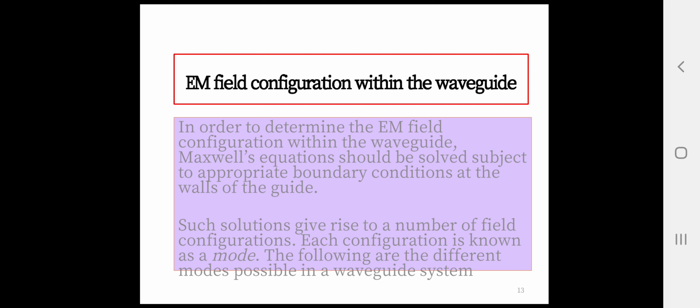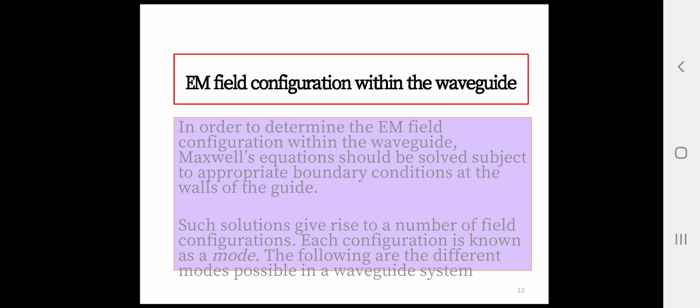Now, the EM field configuration within the waveguide. To determine the electromagnetic field configuration within the waveguide, we use Maxwell's equations. Maxwell's equations should be solved subject to appropriate boundary conditions, so we apply them along with the boundary conditions at the wall of the guide.